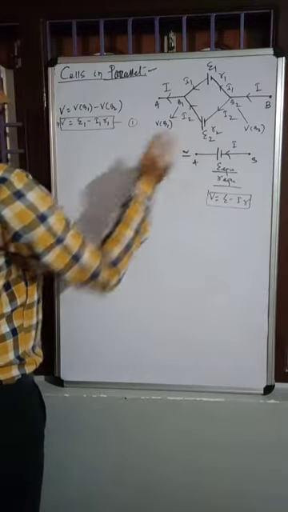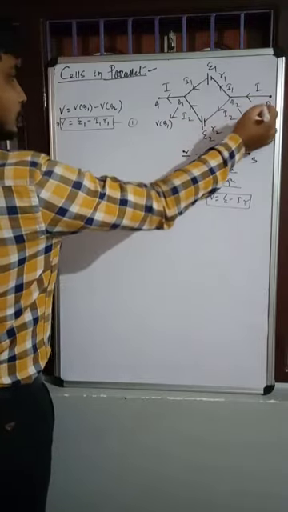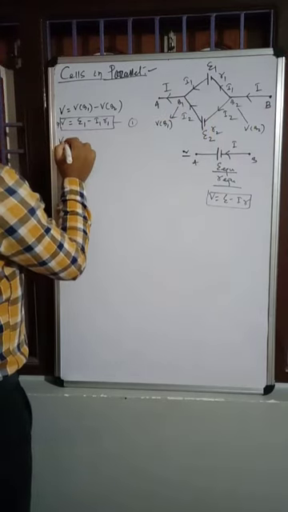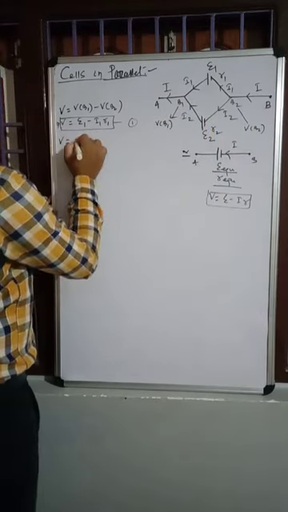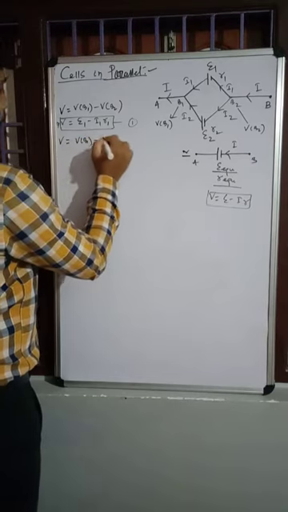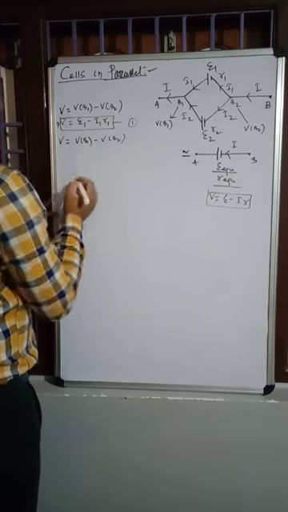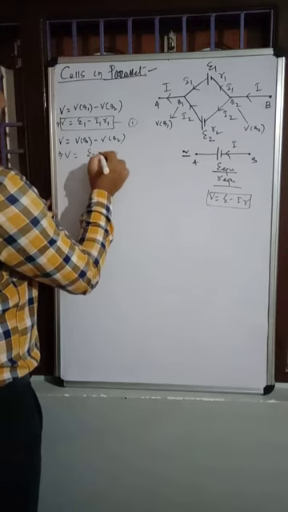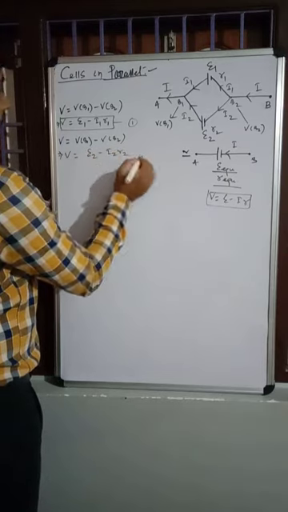Similarly for the second cell, if the current flows from B, B2, E2, B1 and A, the same potential difference V will be equal to VB1 minus VB2, and in this case V will be equal to E2 minus I2 R2.